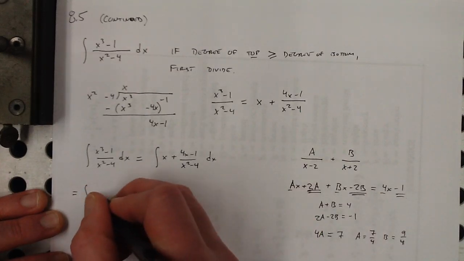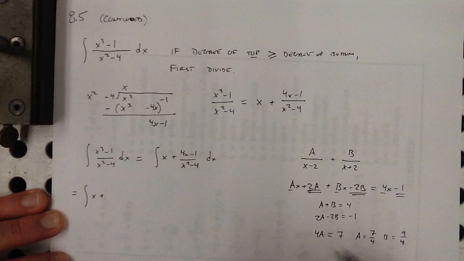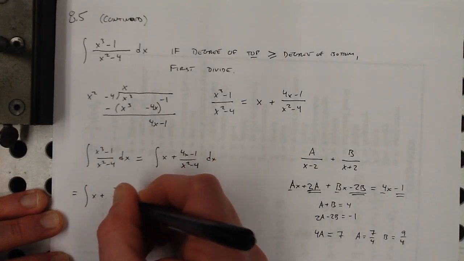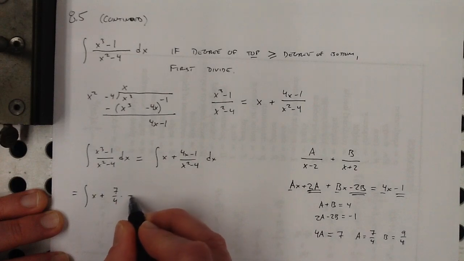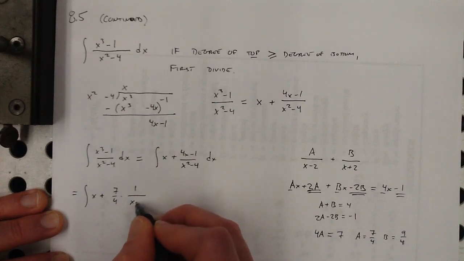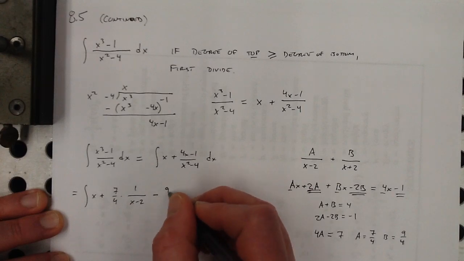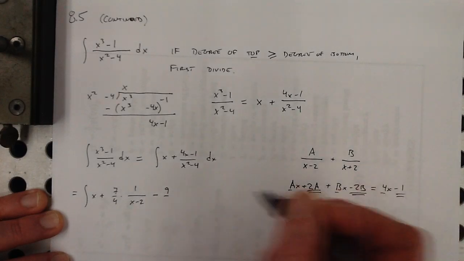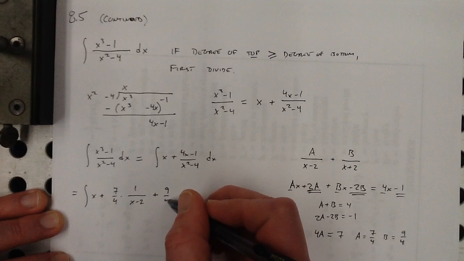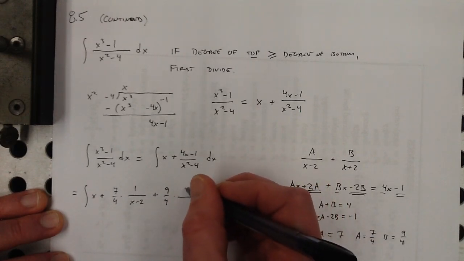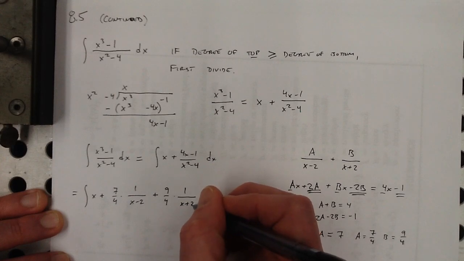X plus, the A is 7/4, so I'm going to go ahead and put that out front like this, times 1 over x minus 2, because that's just a constant, plus 9/4 times 1 over x plus 2.